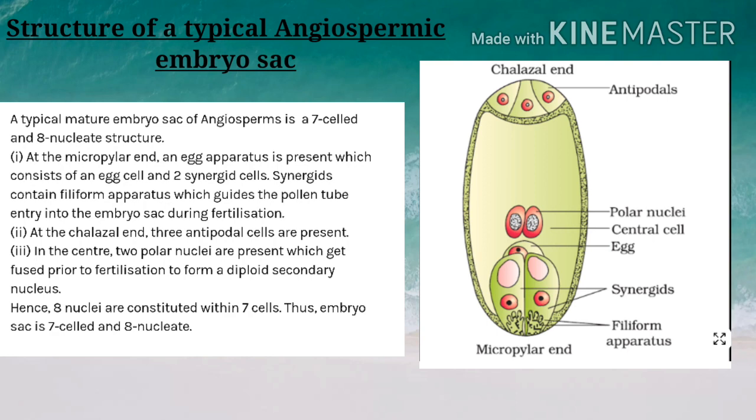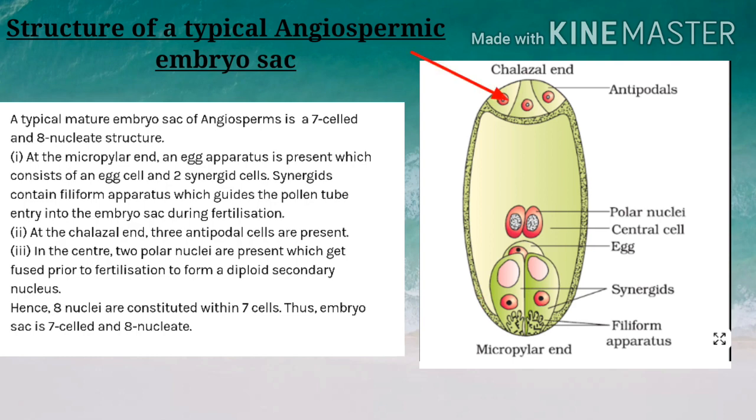Now you can see the mature angiospermic embryo sac structure in the diagram. A typical mature embryo sac of an angiosperm is a 7-celled and 8-nucleate structure. At the micropylar end, an egg apparatus is present, which consists of an egg cell and 2 synergid cells. Synergids contain the filiform apparatus, which guides the pollen tube into the embryo sac during fertilization.